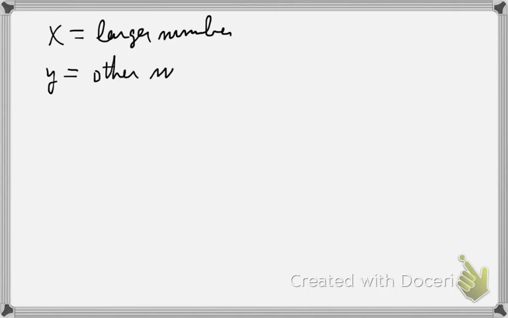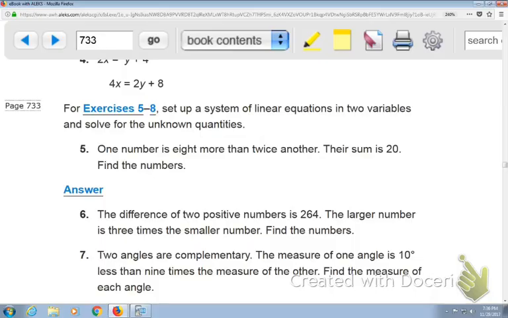I mean, x and y is boring but serviceable. So I could let x be the larger number and y be the other number. You guys agree? Because I have two variables, I'm going to need two equations, hence why we were studying systems.